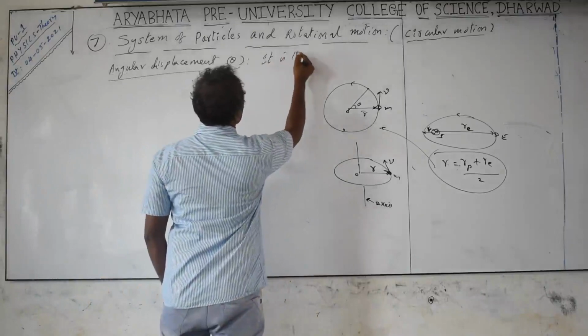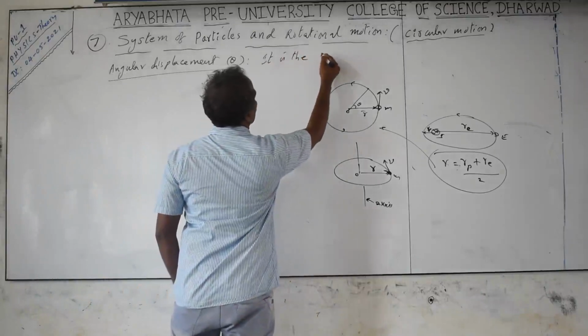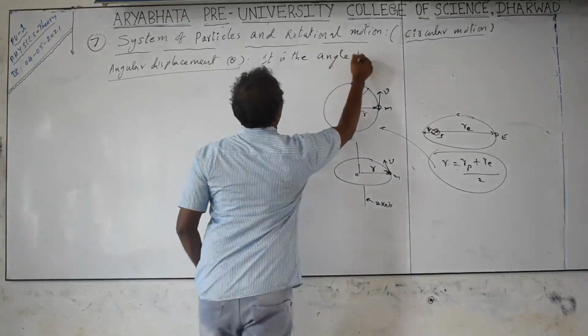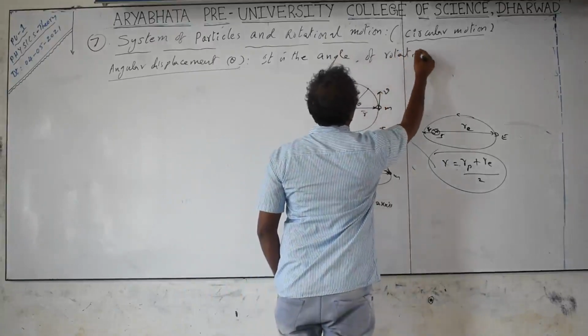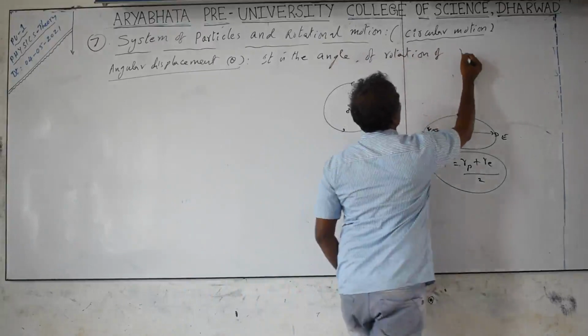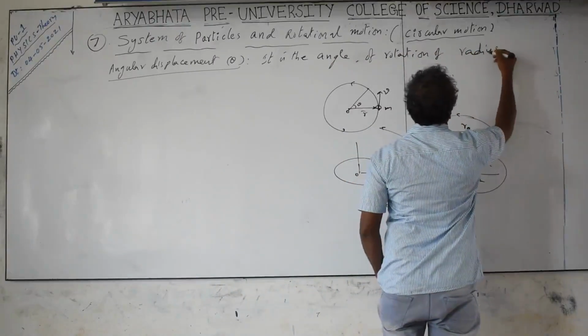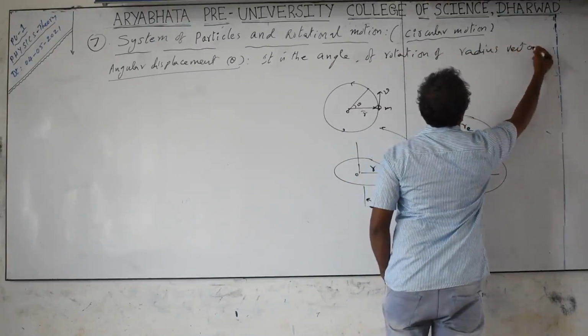It is the angle of rotation of the radius, or you can call it the radius vector, of the object.